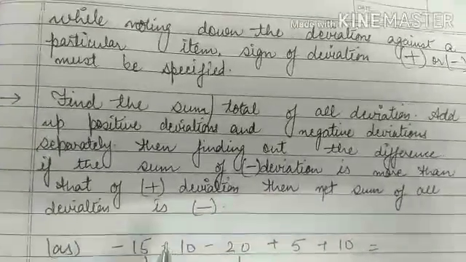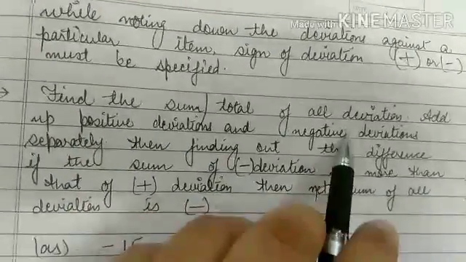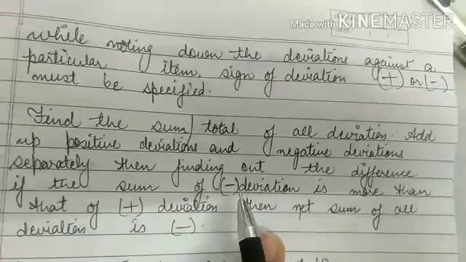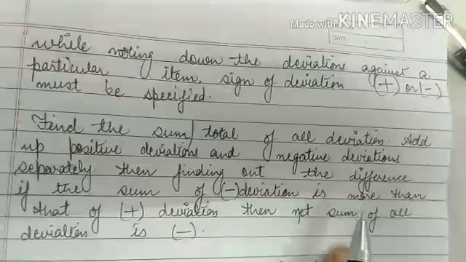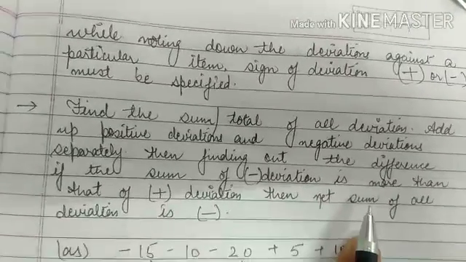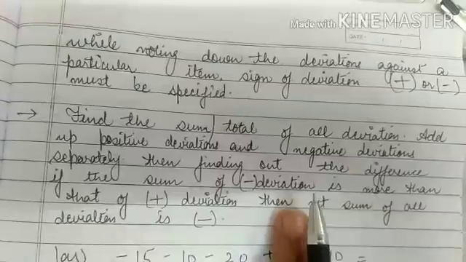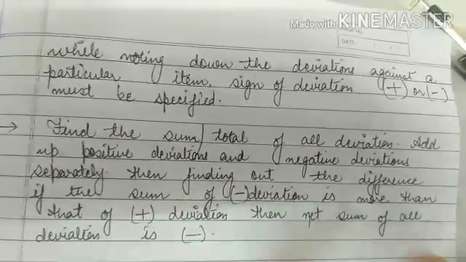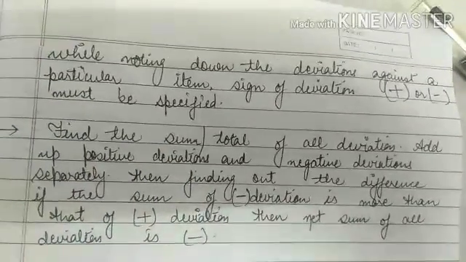Next, find the sum total of all the deviations: add up the positive deviations and the negative deviations. While calculating the deviations, some items may be positive and some negative. So first you put the sign, and next you sum the positive and negative deviations separately.